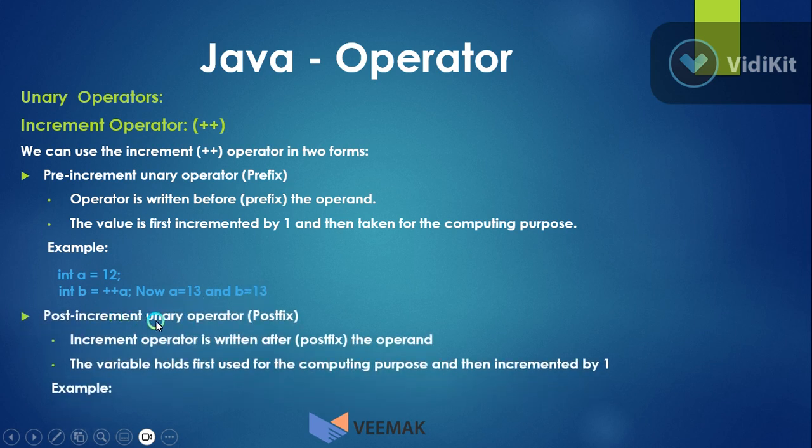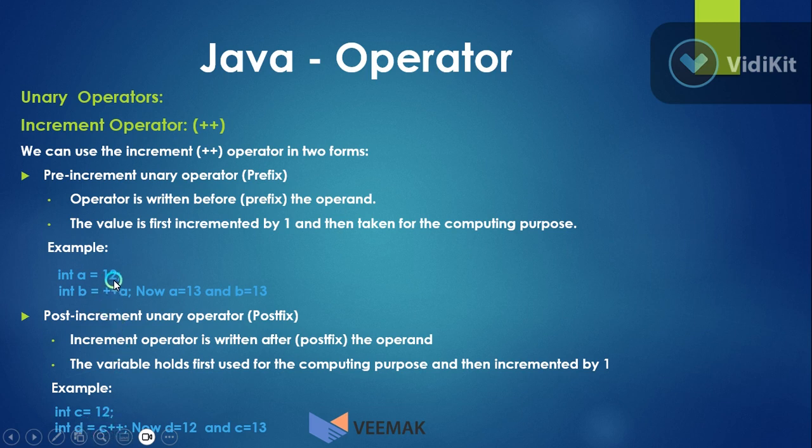Post-increment unary operator. The increment operator is written after the operand. The variable value is first used for the computing purpose and then incremented by 1. For example, int c = 12. Now I am assigning c value to d. First the c value is assigned to d, then the c value is increased.